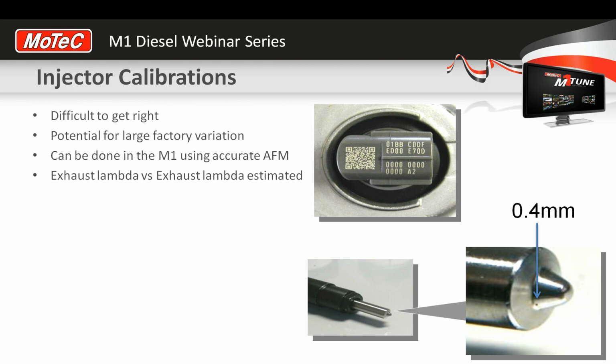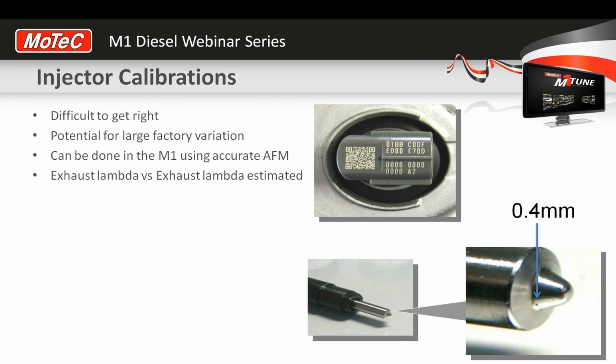So there's quite a bit of effort involved in getting injector calibrations even and accurate. So if we as tuners put on an aftermarket ECU and bang in a bit of a guess at an injector calibration, and a single injector calibration for all four, we just know for a fact that's not going to be exactly right. Okay, so it's something we have to accept.